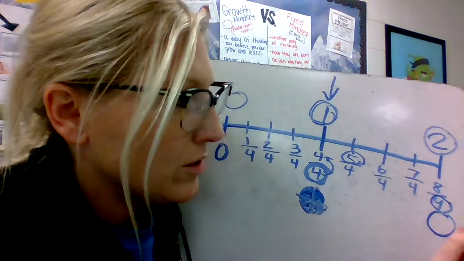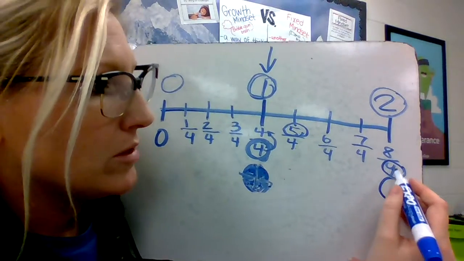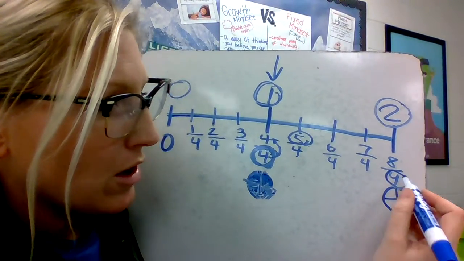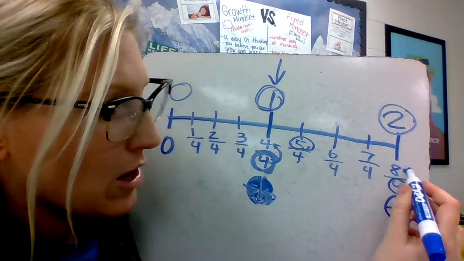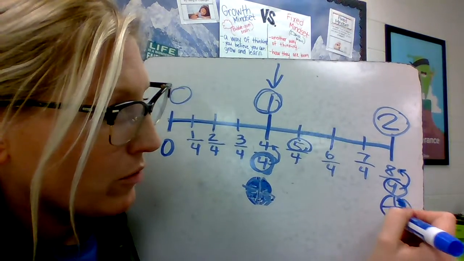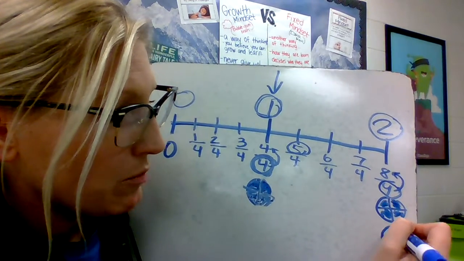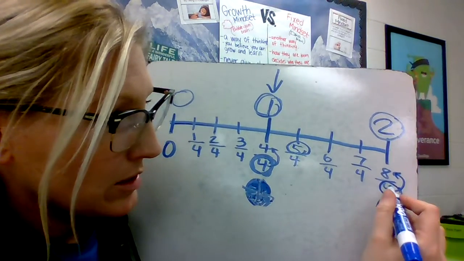So again, our denominator tells us what our shape is broken up into. It's broken up into fourths. Our numerator tells us how many we have of that. So I have 1/4, 2/4, 3/4, 4/4, but I need 8/4. So I have to draw another shape that's broken up into fourths, because this is what we need.